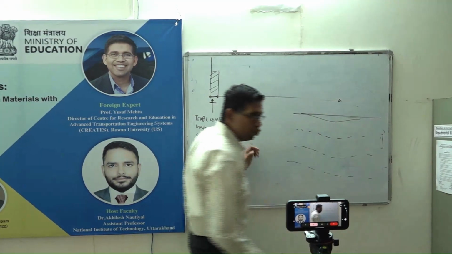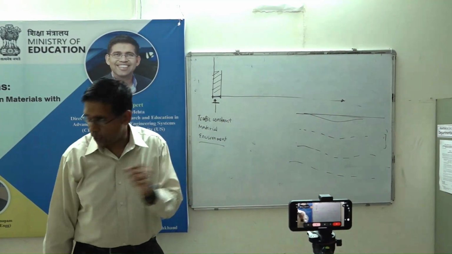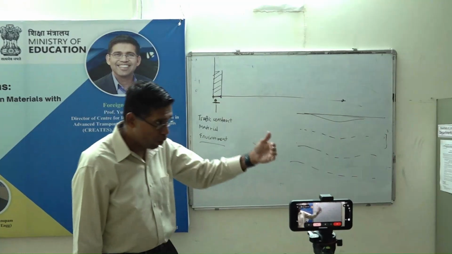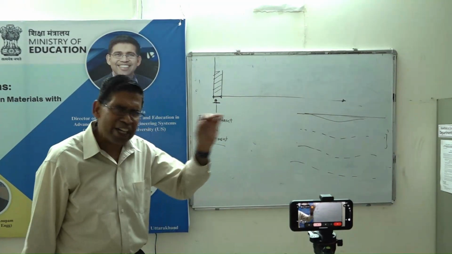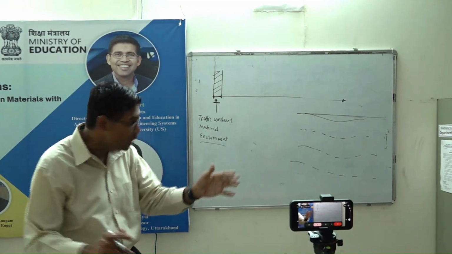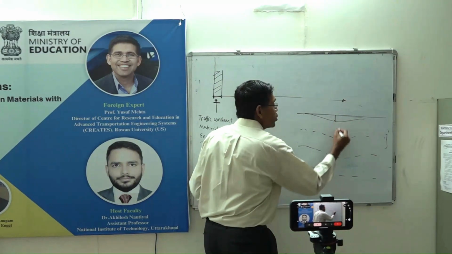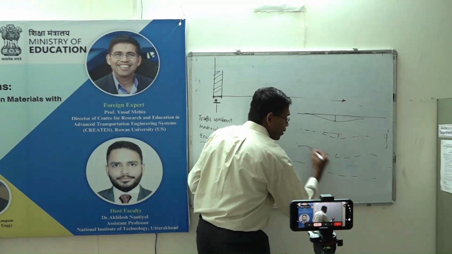What will I have to do? I asked this question earlier. So rutting happened on the surface, but I want to exactly know where the contribution to rutting was happening. Right? Does that make sense, everybody?